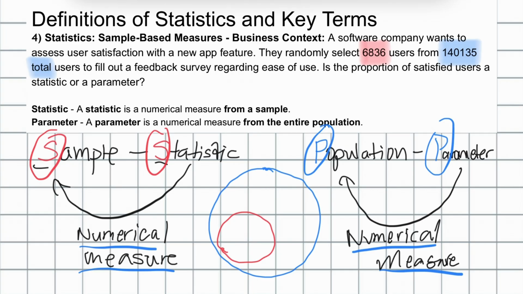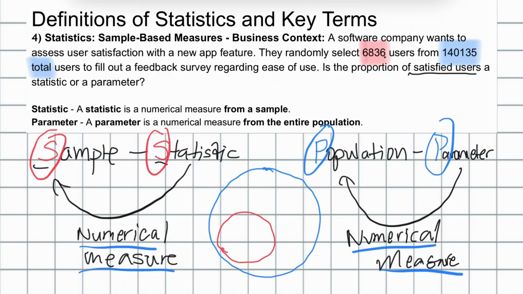Is the proportion of satisfied users a statistic or a parameter? When it says proportion here, we need to try to understand who the satisfied users are.